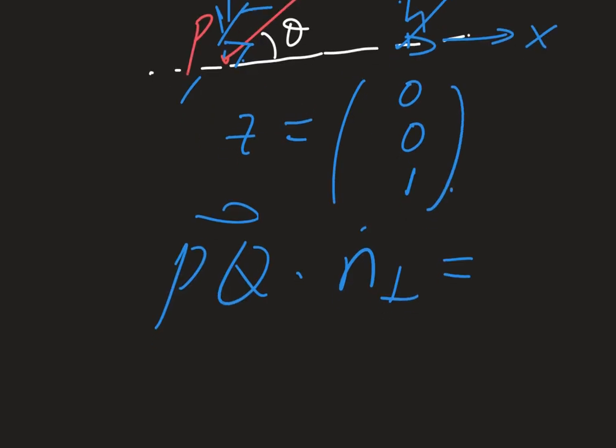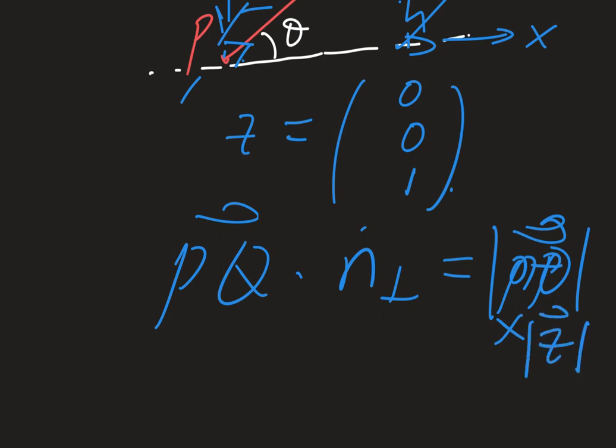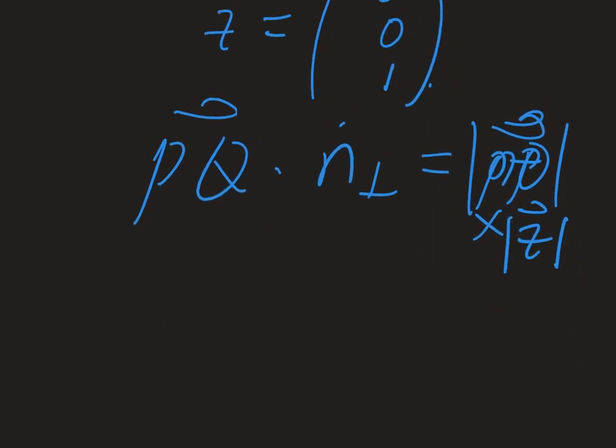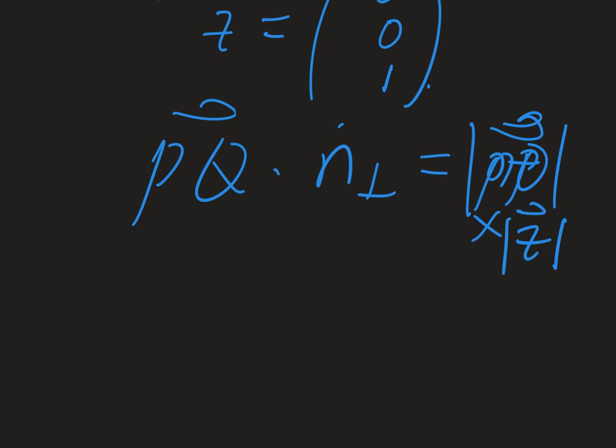If I dot with this vector, what do I get? I will get PQ times the magnitude of PQ times the magnitude of the unit vector. So that PQ, just now we found it already.